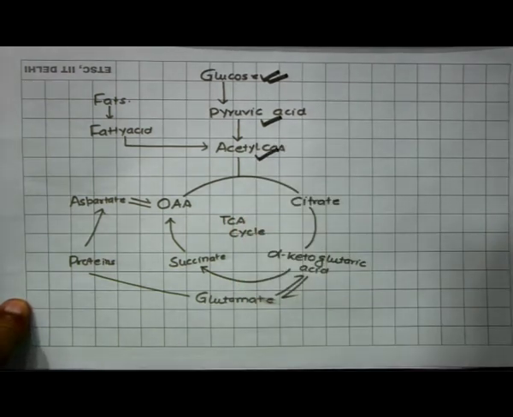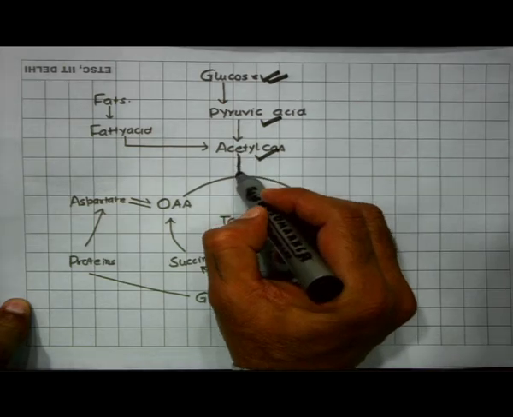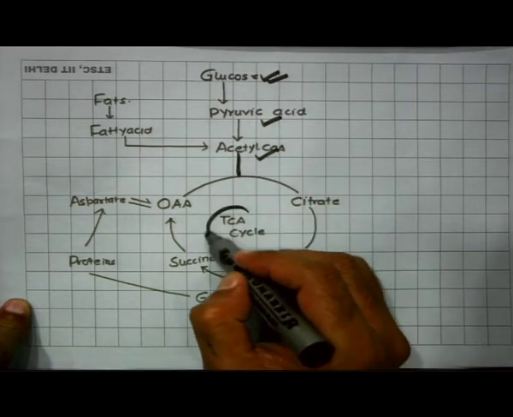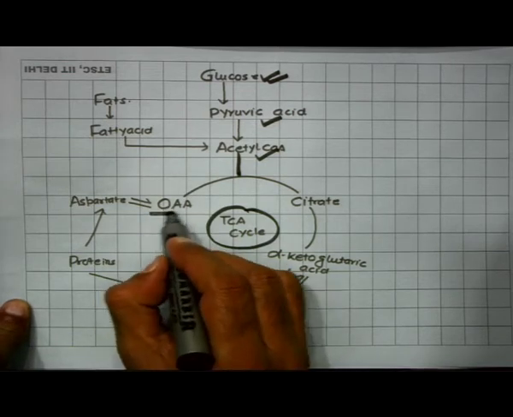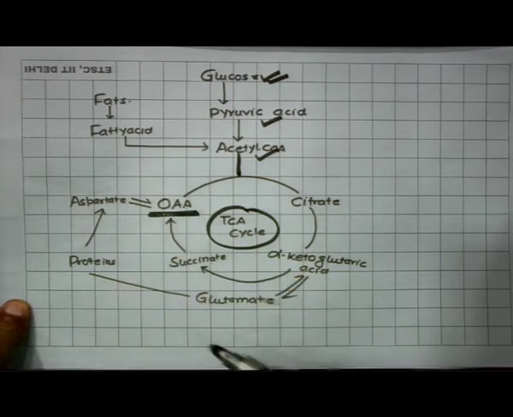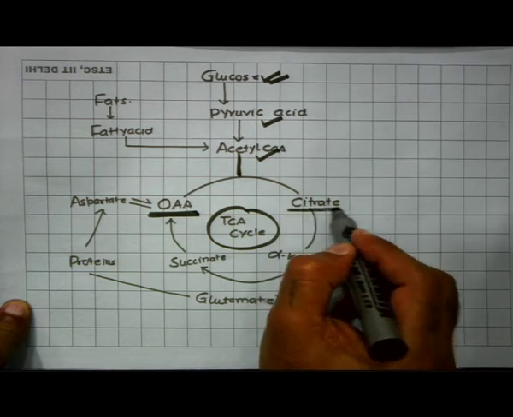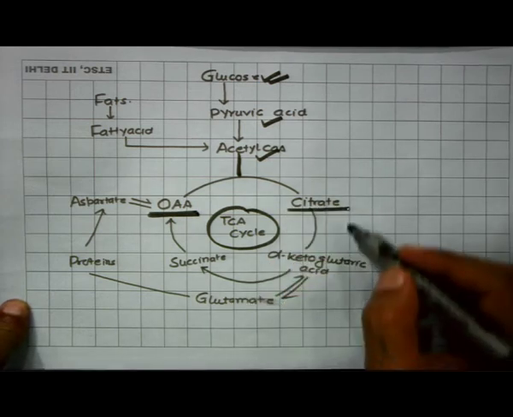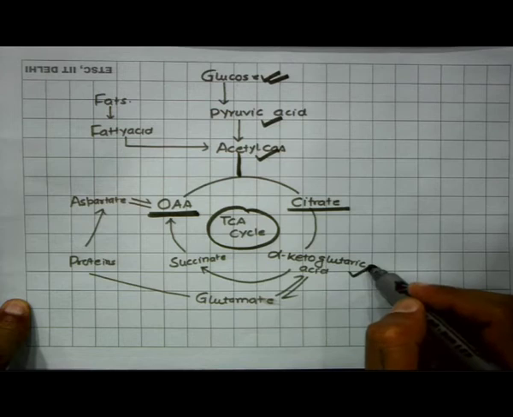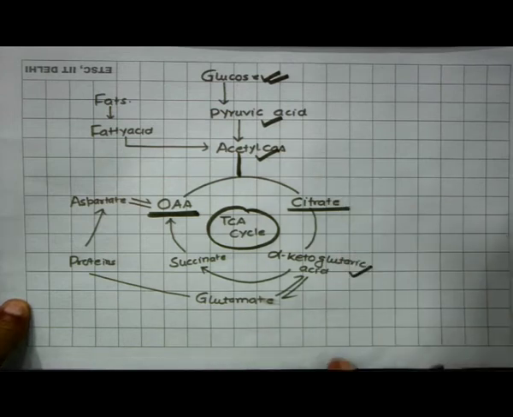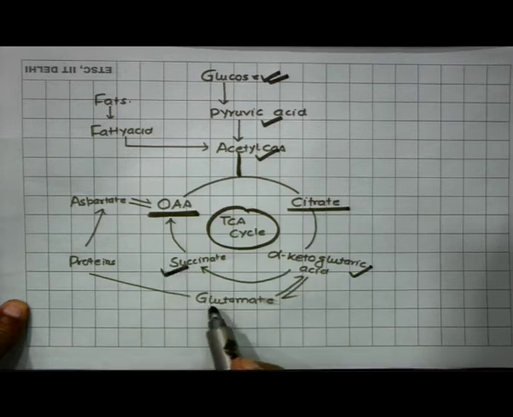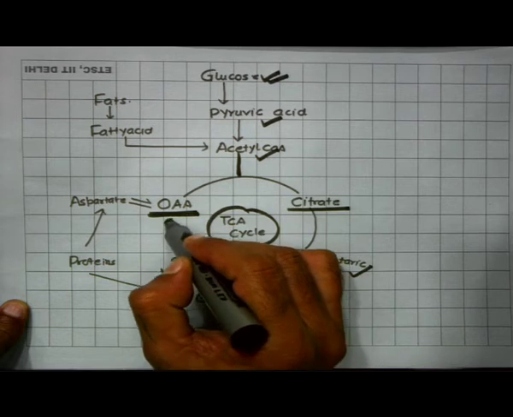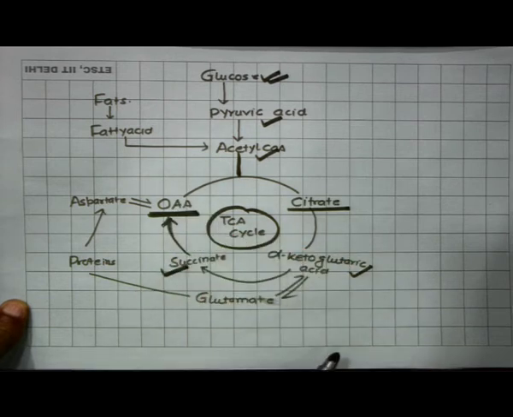Now, this acetyl coenzyme enters into the tricarboxylic acid cycle, that is the Krebs cycle, where it is accepted by oxaloacetic acid and converted into citrate. This citrate is again converted into alpha ketoglutaric acid, which we have already discussed in detail. Now, this alpha ketoglutaric acid forms succinate and this succinate again returns back to oxaloacetic acid.